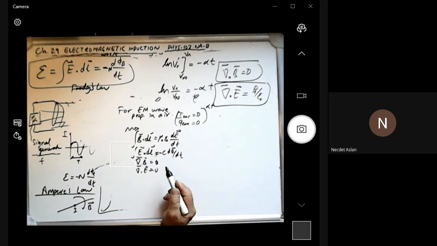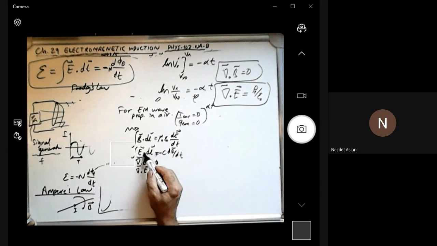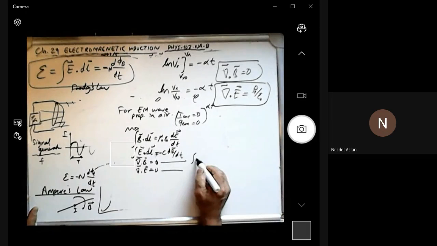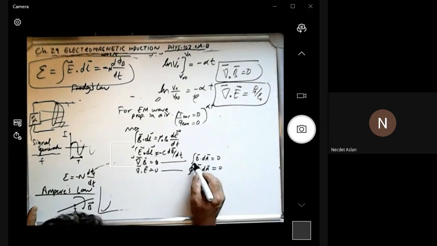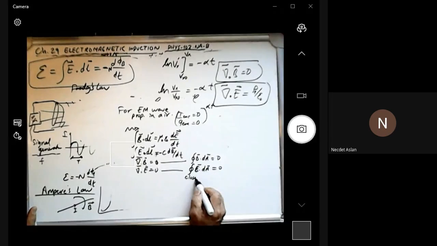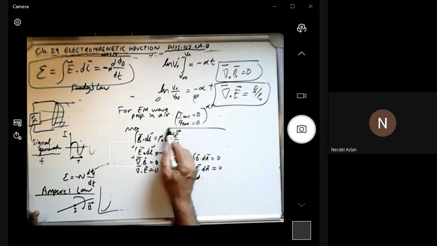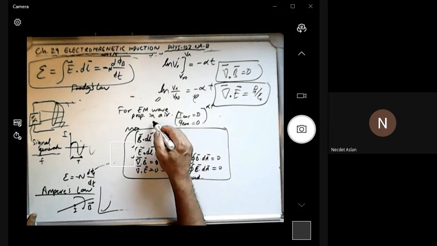This can also be written in integral form: the integral of B dot dA is equal to 0 and the integral of E dot dA is also equal to 0 for a closed surface. So this is for the electromagnetic wave propagating in air.